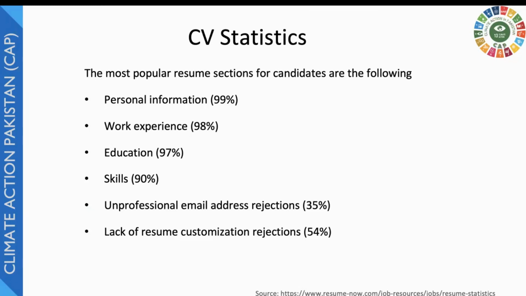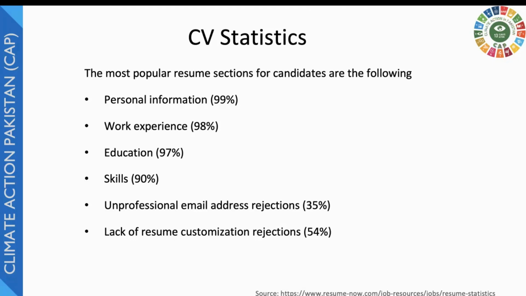And if we talk about the rejection ratio, 35% of CVs are rejected due to an unprofessional email. As I mentioned, people have spiderman@gmail.com or other such emails. So 35% of such CVs are rejected on the basis of unprofessional email. And 54% of CVs are rejected if they are not customized.